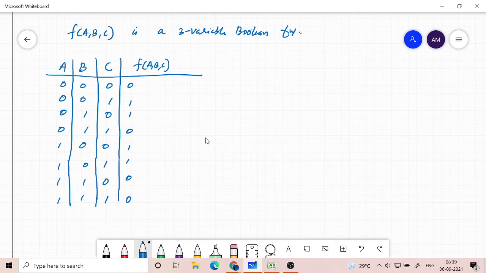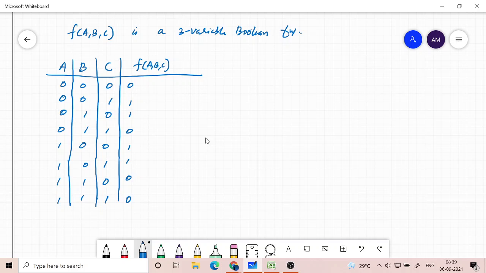Now the question is, how can I find out the Boolean expression for this? There are multiple ways. I said you can write down the Boolean expression. In the last class, I tried to introduce that you can do that by looking at the occurrences of 1 or by looking at the occurrences of 0.